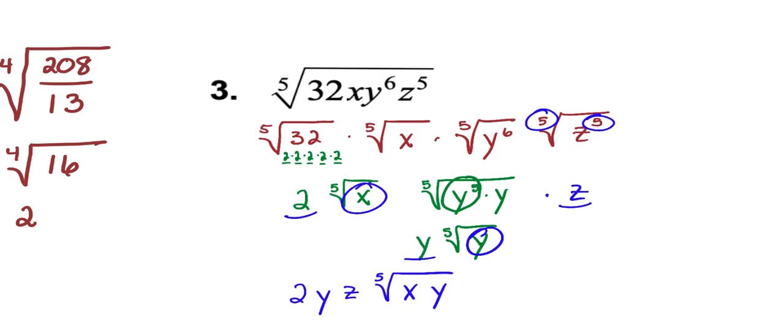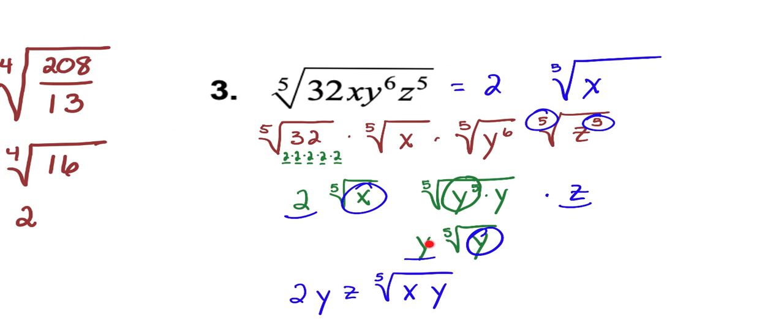Now, essentially what we're doing here, if I wanted to do this without breaking it up like that, and I'm going to point here so you can see it. Well, I do the 5th root of 32, that's just 2. The 5th root of x I can't do because it's only a single x, so the x stays in there. Then what I can do is basically you take 6 and divide it by 5, and 5 goes into 6 one time.